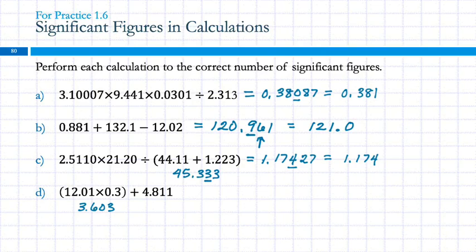That's the multiplying. Multiplying uses count the fewest sig figs. Well, this one has 4 sig figs, and this number only has 1 significant figure. So the result of this multiplication can only have 1 significant figure. That's the first digit.